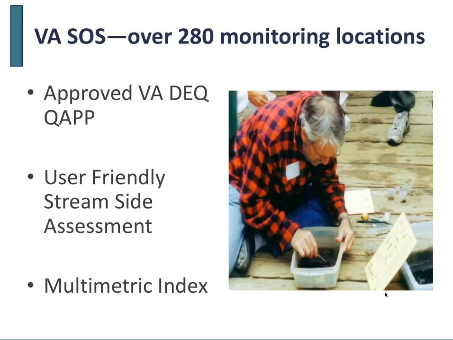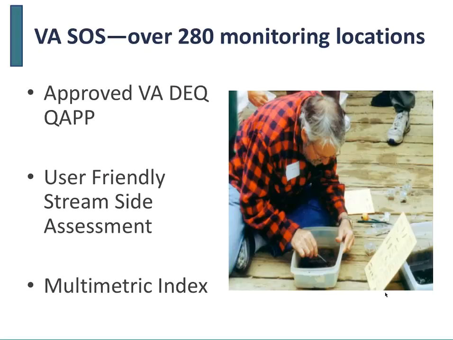So what had happened out of that is something that the Virginia Save Our Streams, this is a group within the state of Virginia. They were originally using the Save Our Streams protocol. They took the lessons learned from that white paper that I mentioned, and they worked through and built in stronger metrics. And with that, we had the multi-metrics index now. It's still a user-friendly stream side assessment tool for volunteers.